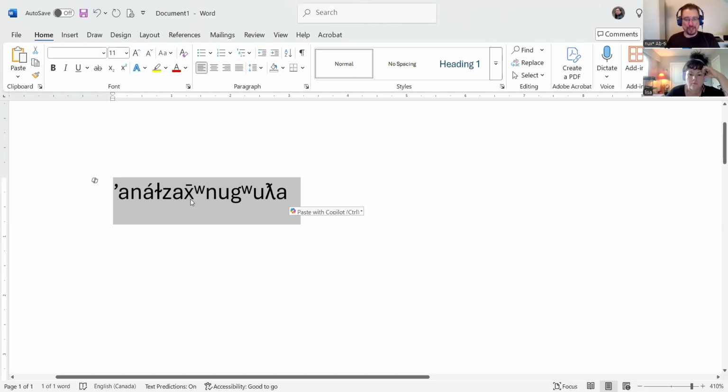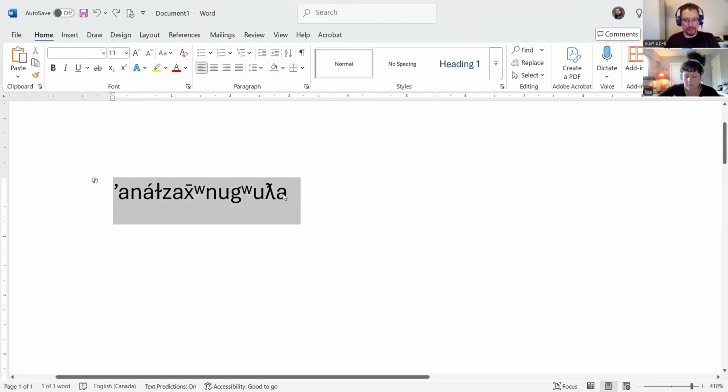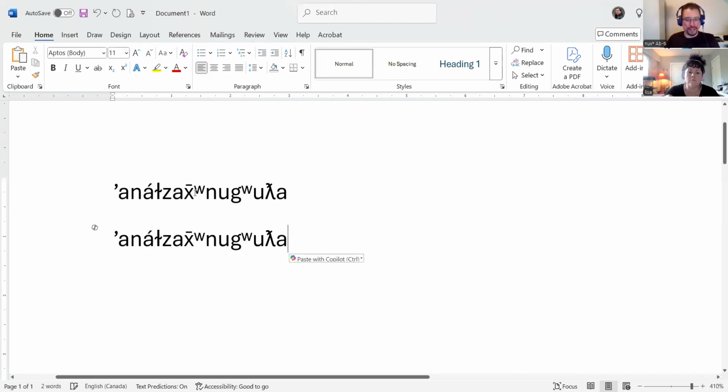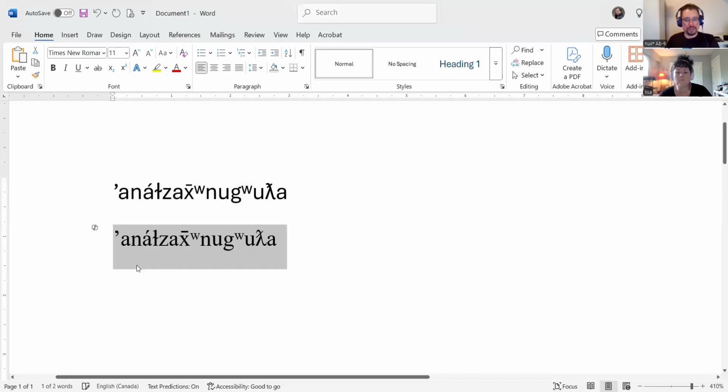Sans serif fonts tend to not work very well with the Heisler language. So I'm going to change this to Times New Roman. Actually, I'm going to undo that just to show you the difference. I'll paste it again. So I'll keep the original font above and I'll change the font below.